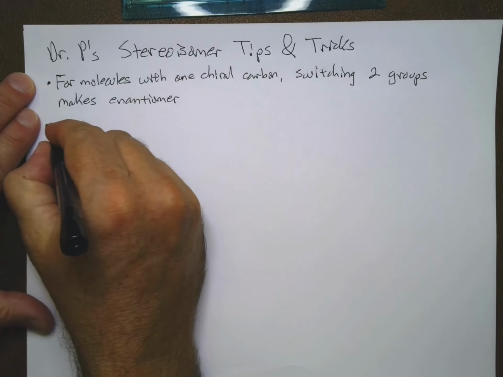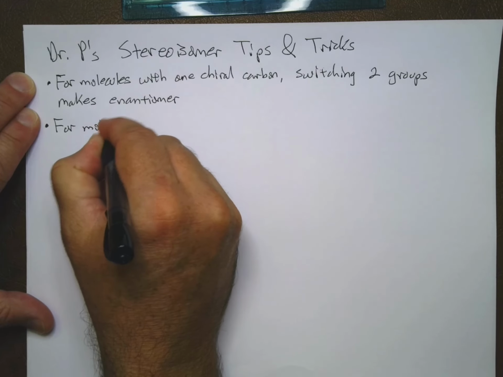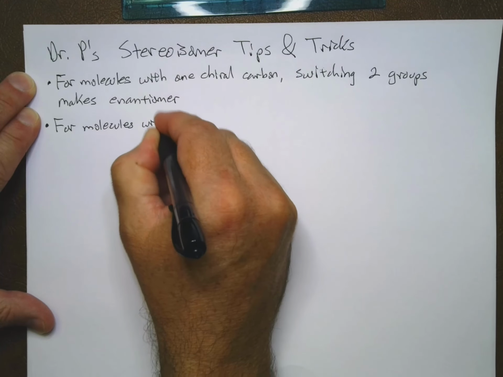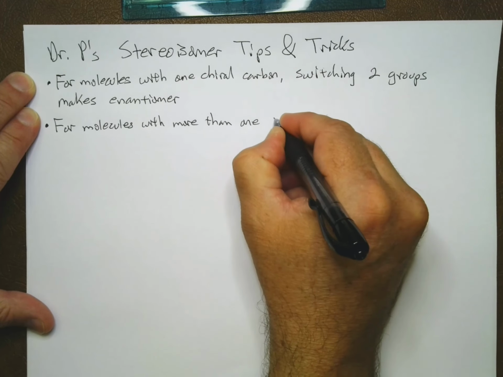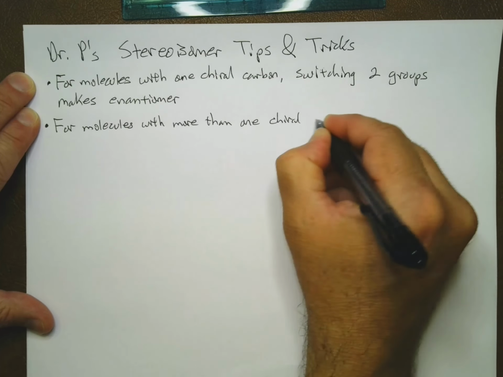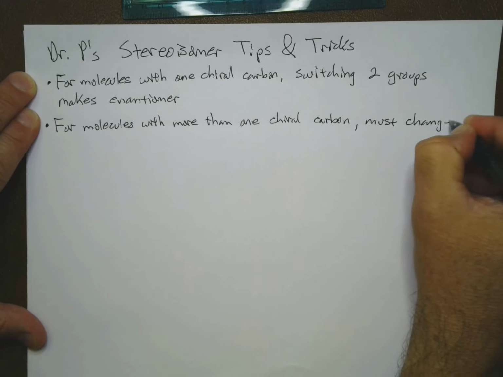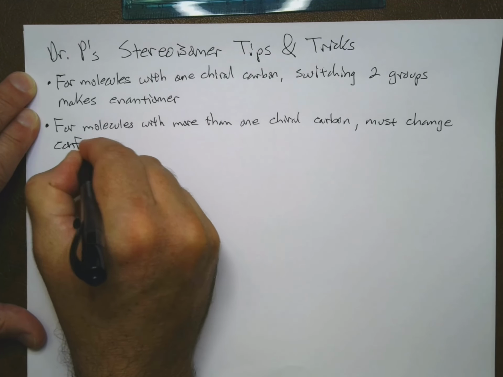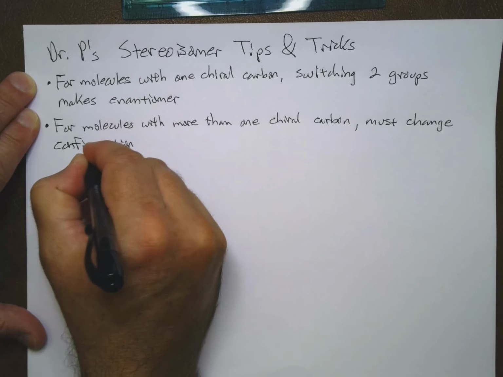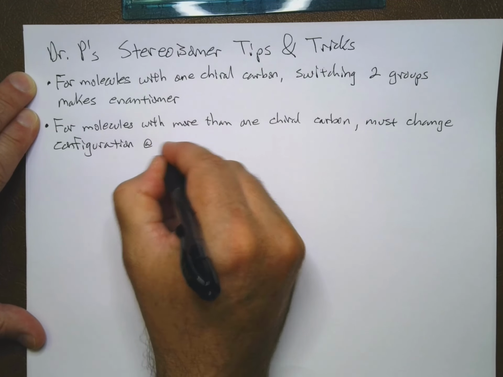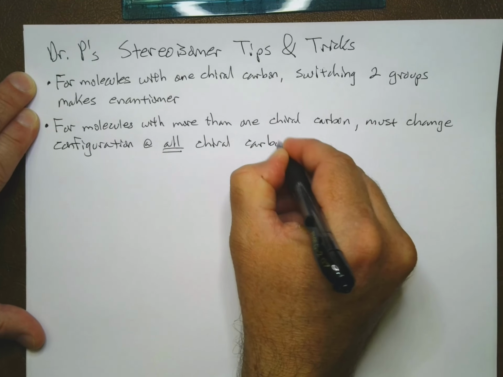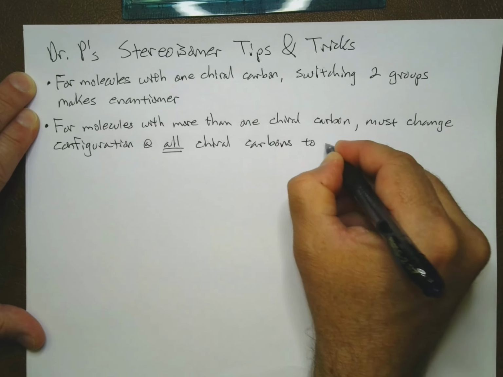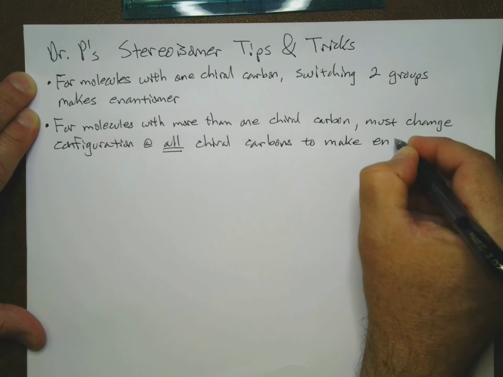Okay. Now for molecules with more than one chiral carbon, you must change configuration at all chiral carbons to make an enantiomer.